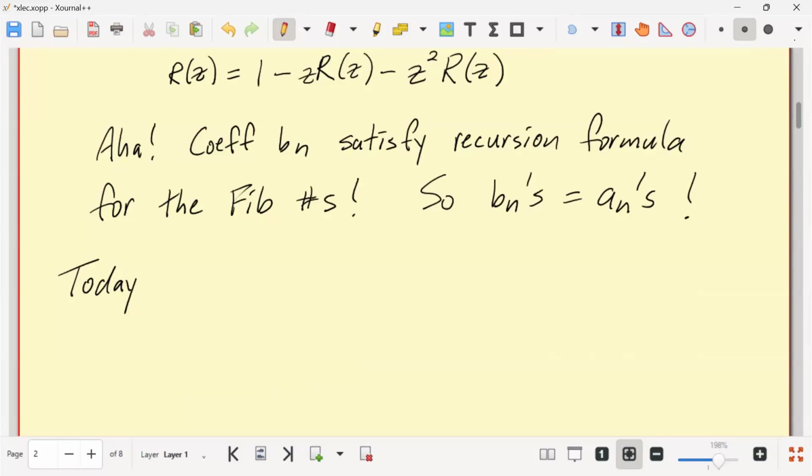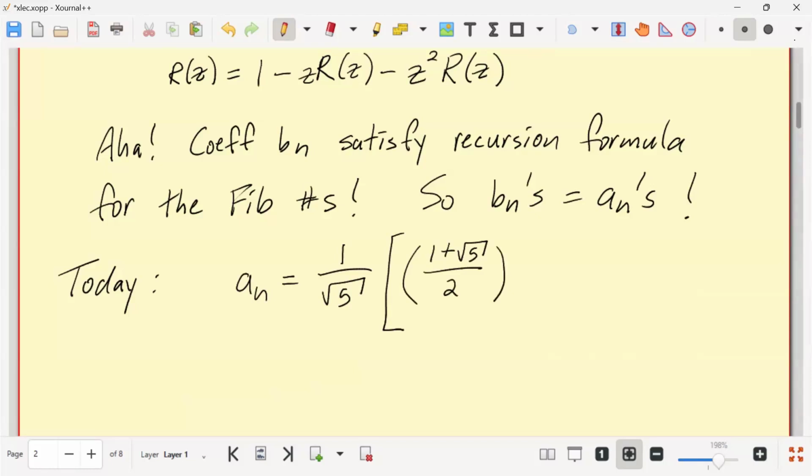The most interesting thing today is going to be that the Fibonacci numbers are given by a formula, namely 1 over the square root of 5, times (1 plus the square root of 5 over 2) to the n plus 1, minus (1 minus the square root of 5 over 2) to the n plus 1. That's hard to imagine, but we're going to show that.